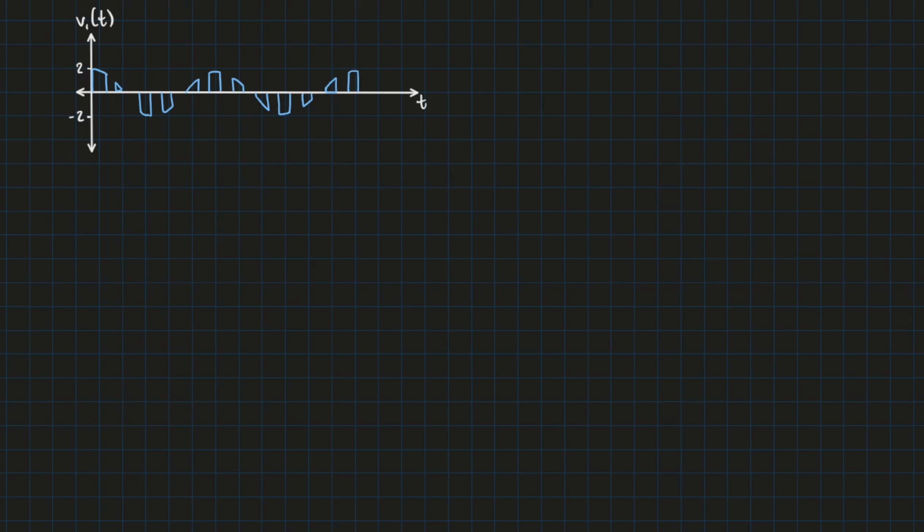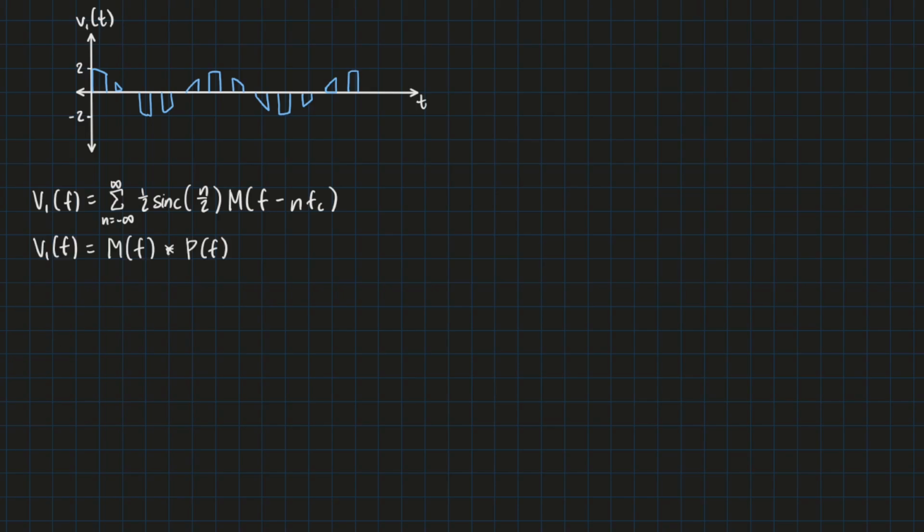And in terms of frequency, we're going to have V1(f) equals the summation from n equals negative infinity to infinity of half times sinc(n/2) times M(f minus n·f_c). V1(f) is the convolution of M(f) and P(f). And we will have the following.